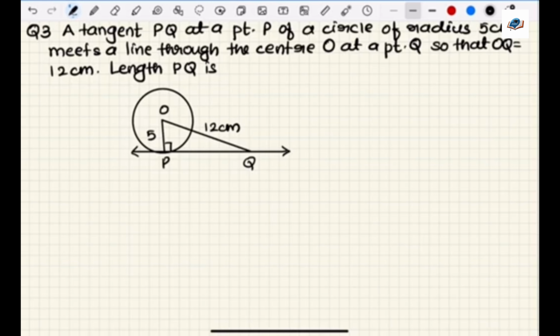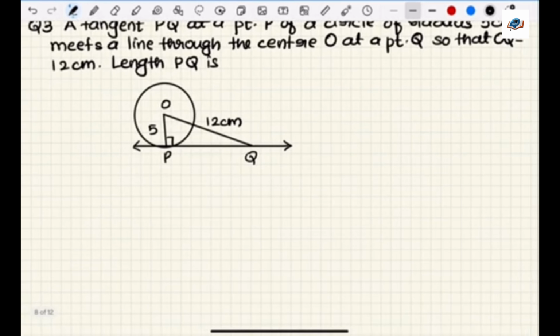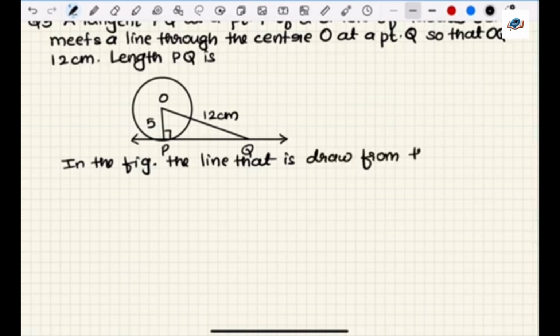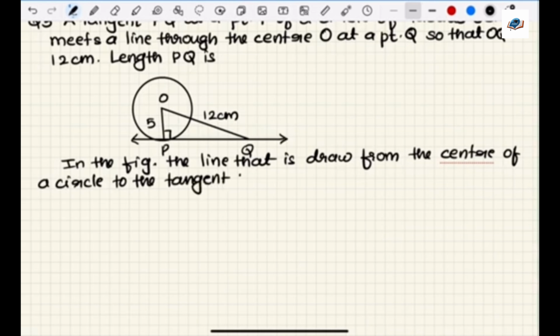Now, I can say in the figure, the line that is drawn from the center of a circle to the tangent PQ is perpendicular to PQ.